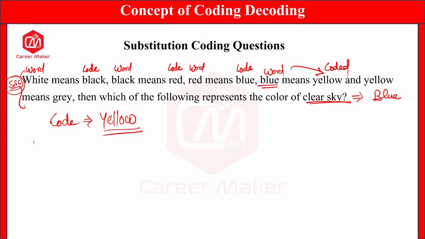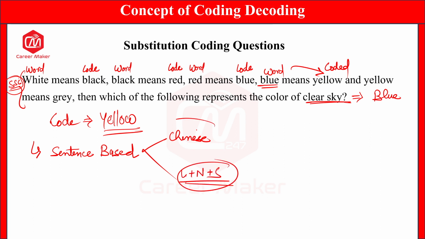Now this is converted into sentence-based coding. Now we are getting sentences rather than a word, in which we have what I told you, this Chinese coding, or this coding which has letter plus number plus symbol. So in the next session I'll be covering these two: what is Chinese coding and how we can solve it.